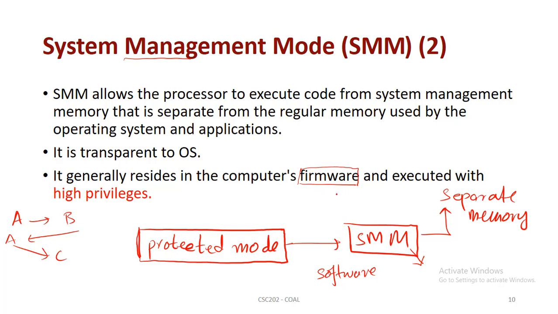And when the microprocessor is switched to SMM mode, whatever was running before switching to SMM mode will all be saved at some memory location, in some protected memory area.